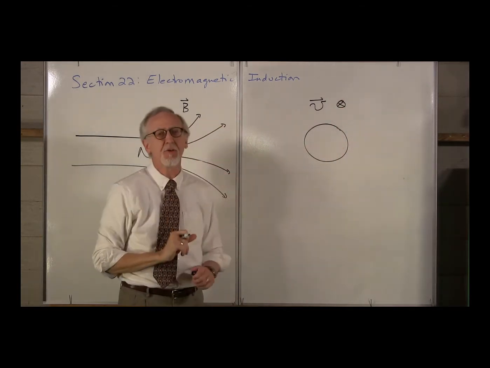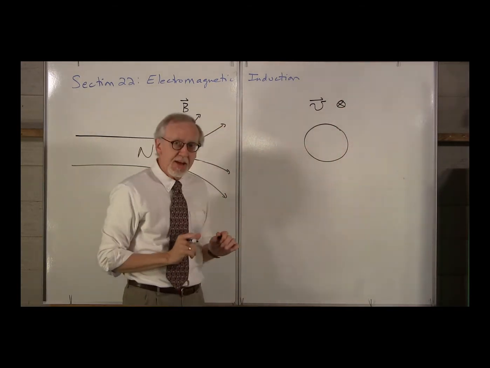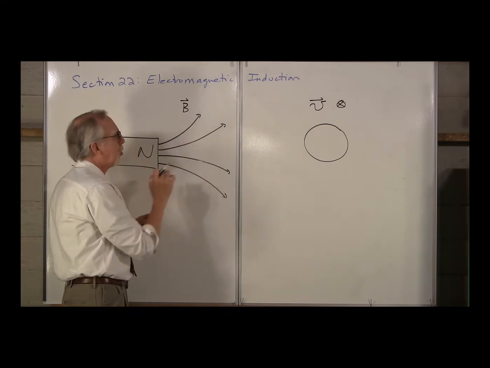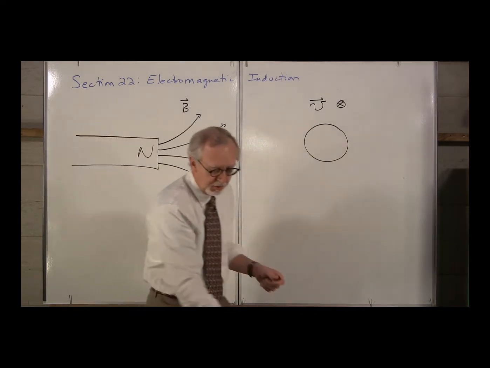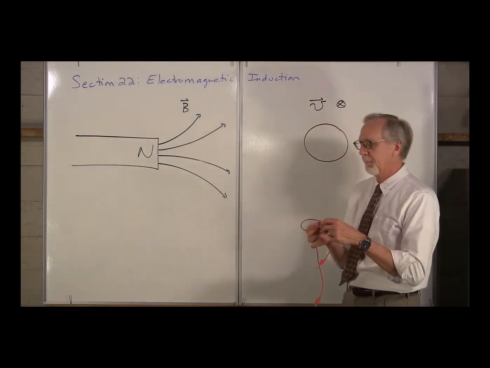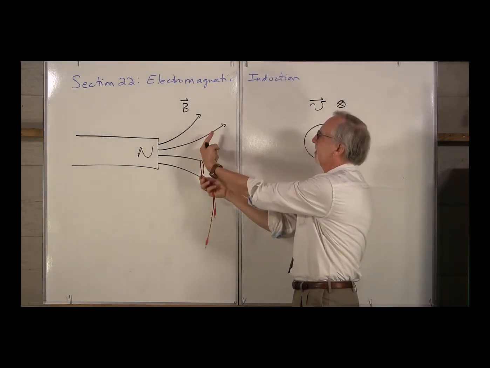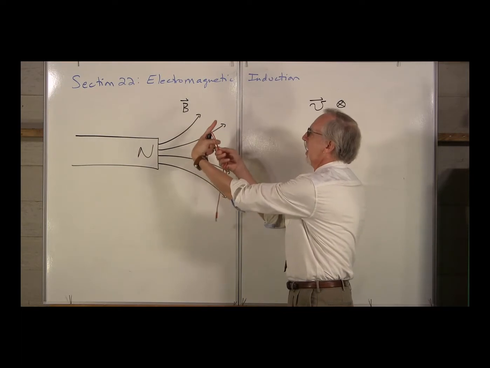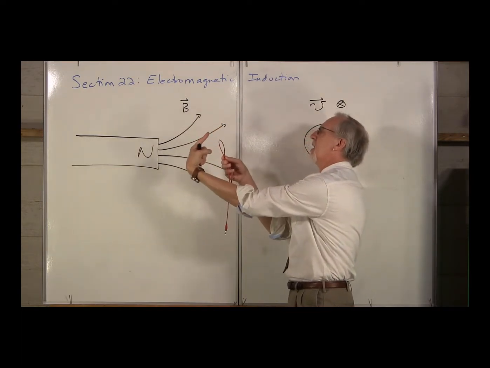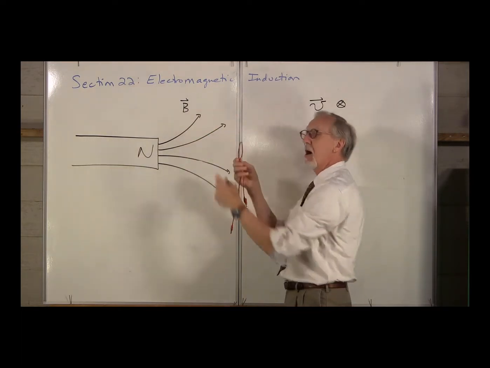It's moving away from us. What about the magnetic field? Well, let's take a point, say, at the top of the loop. Let's take a look at the magnetic field at the top of our loop. It's kind of pointing this way. So in our picture, it's pointing towards us and upward.